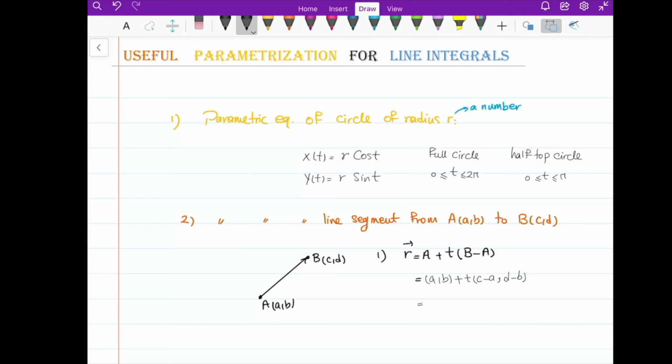So I get a plus t(c minus a), and b plus t(d minus b).